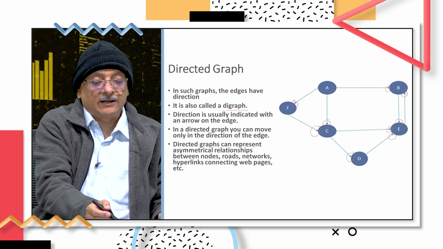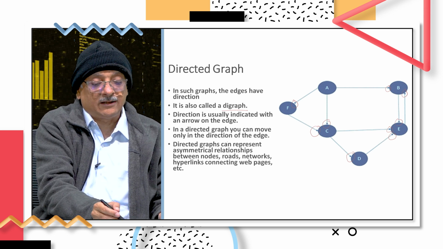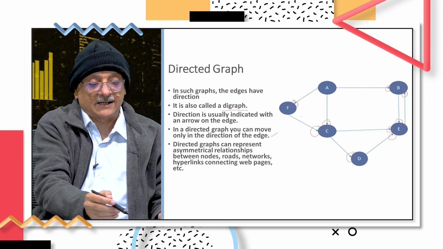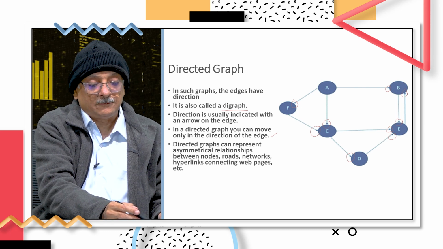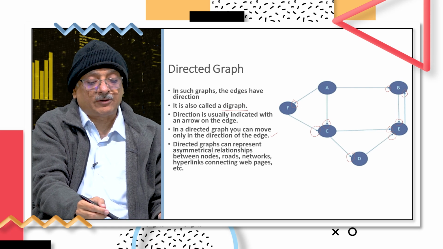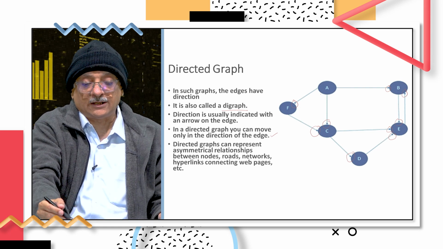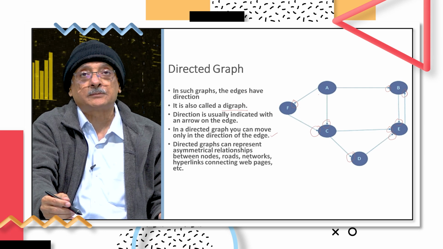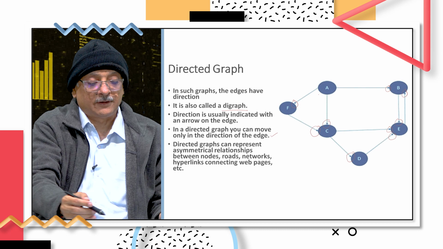In a directed graph, you may move only in the direction of the edge, you cannot go to the other side. A directed graph can represent an asymmetrical relationship. So, it is not a symmetric relationship. Had it been symmetric, then we would use an undirected graph.